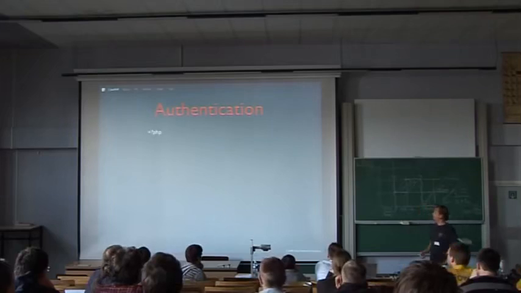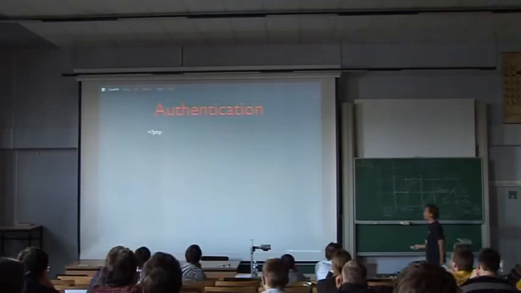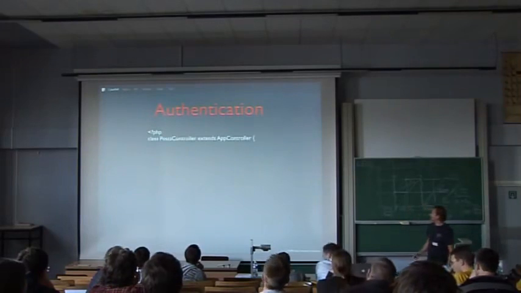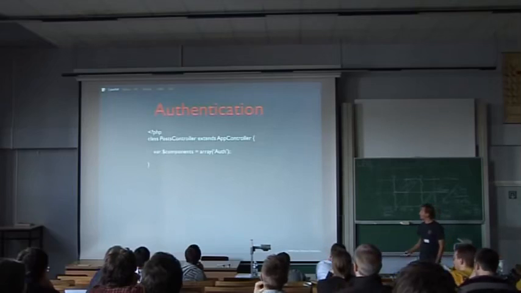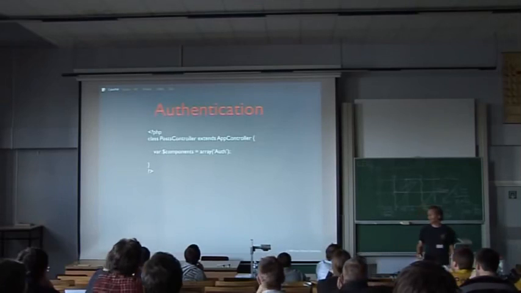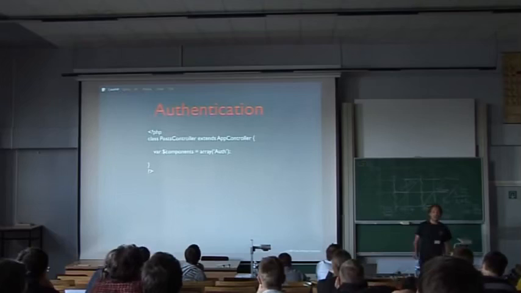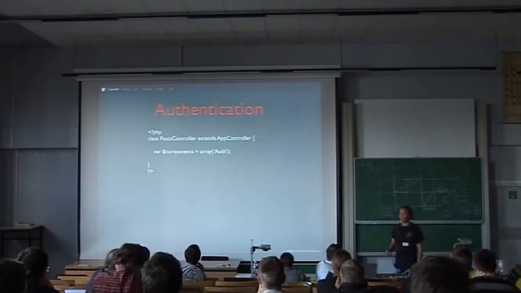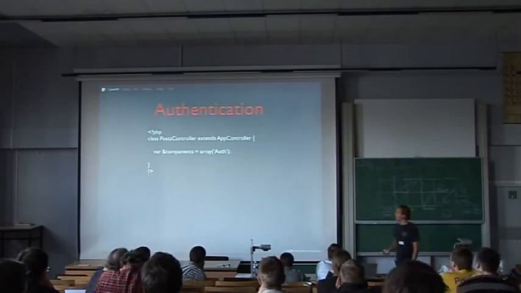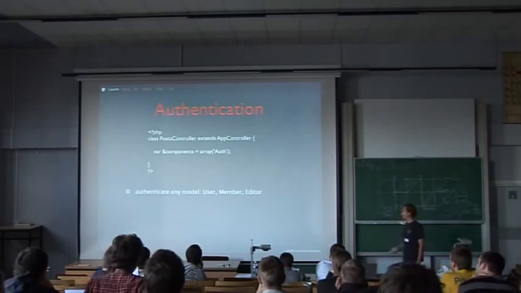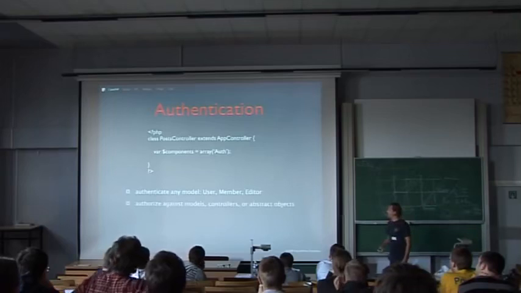Authentication. This is something that's really helpful when you're, obviously, most web apps nowadays have some sort of authentication. And so here we're going to add the auth component. That's it. Now every single method, every single action that somebody might visit is now protected and would automatically redirect them to a login form. So you just have to create a login form. You can authenticate any model, a user, a member, an editor, anything you want.